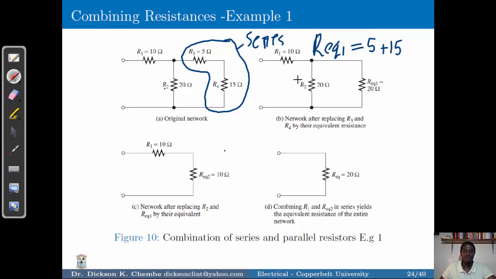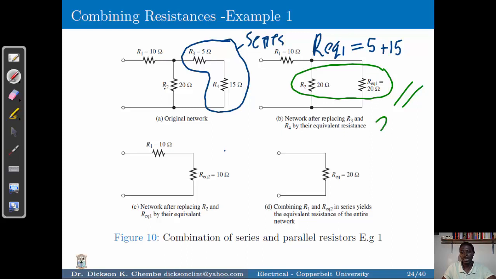And now, if you notice here, we've got two resistances that are now connected in parallel. Resistor 2 and Req1 are connected in parallel, okay? And for parallel circuits, we know that 1 over the total resistance should be equal to 1 over 20 plus 1 over 20.